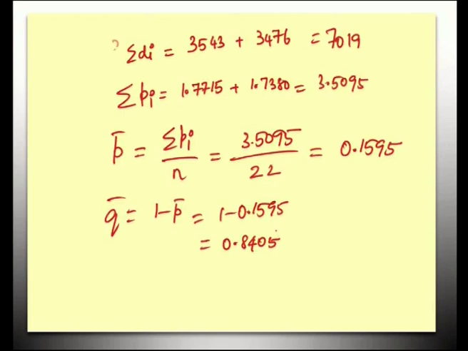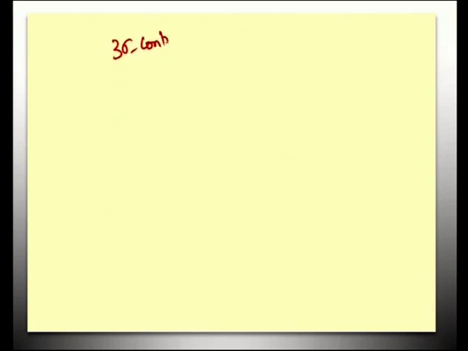Next, the 3 sigma control limits. The 3 sigma control limits for P chart are given by P bar plus or minus 3 into root of P bar Q bar by n.